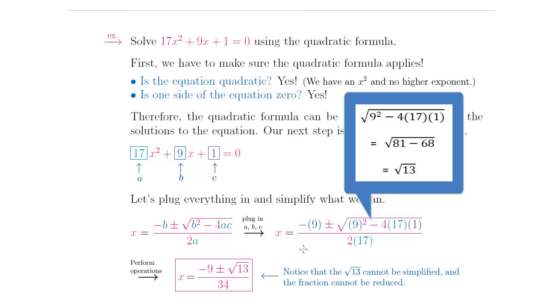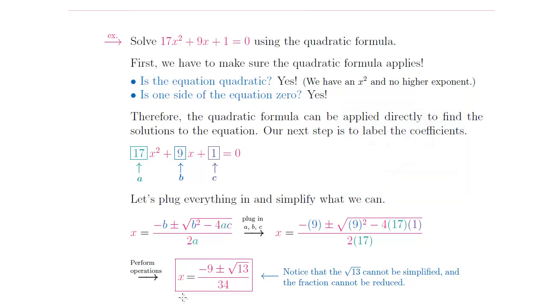Now we simplify. When you simplify the inside, you get 81 minus 4 times 17. Your result is 13. So you get x equals negative 9 plus or minus the square root of 13 all over 34. Notice the square root of 13 can't be simplified any farther.